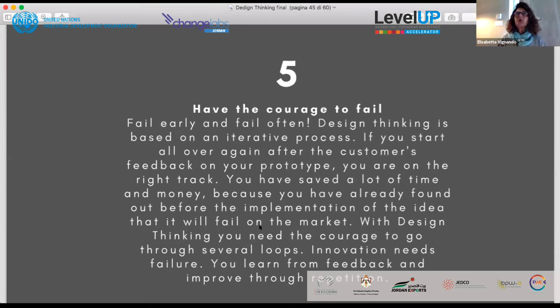So when we prototype for the first time and we test, we have to test our solution with our customer. And in case this does not work, we have to restart the process again. But this is what design thinking needs to come up with the right solution.